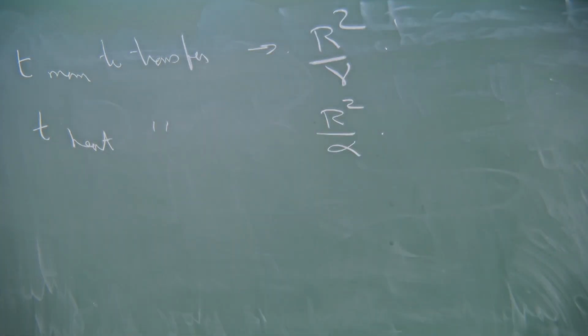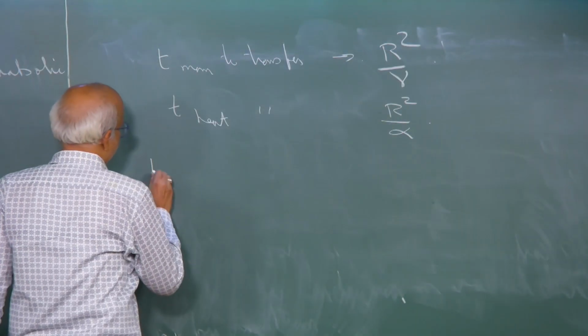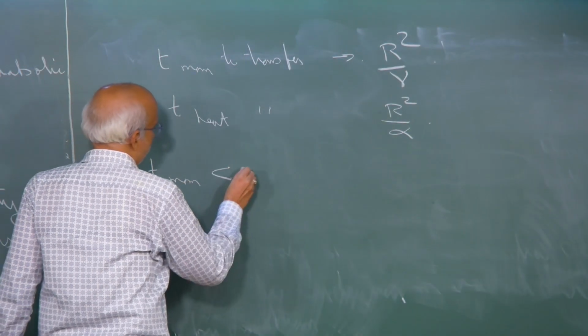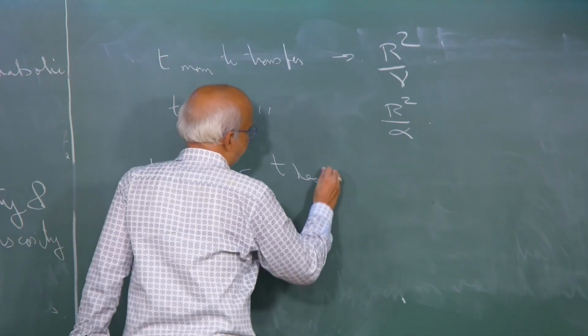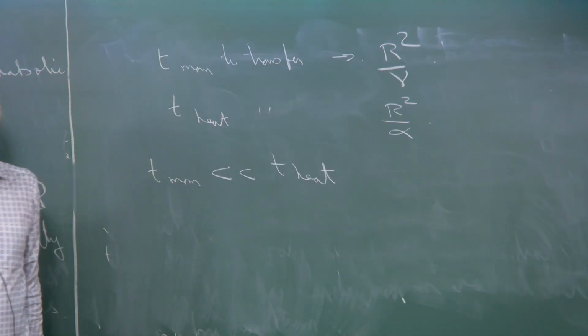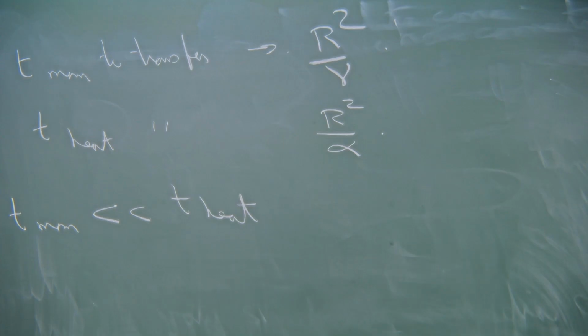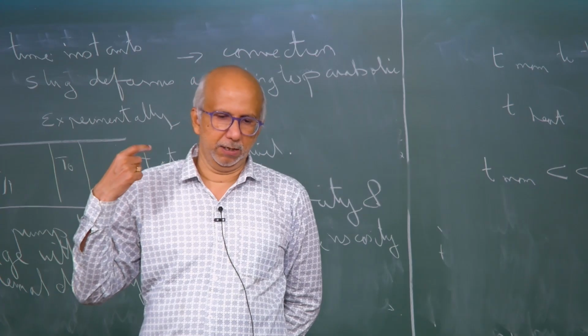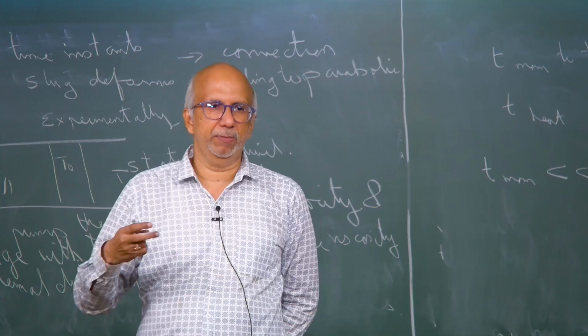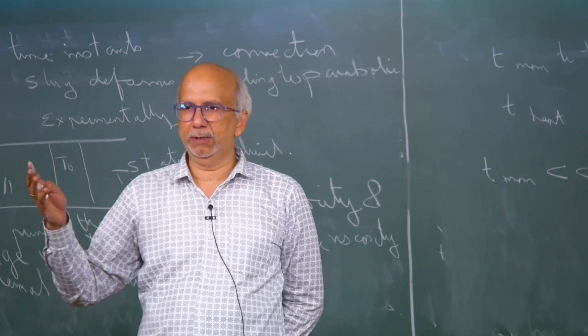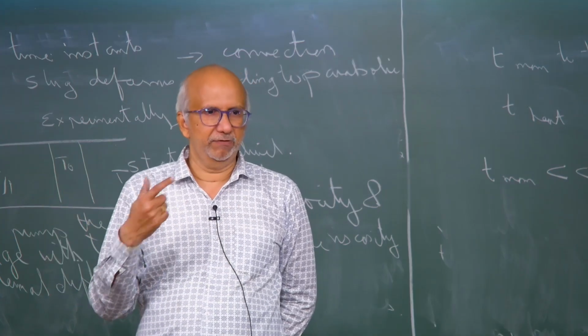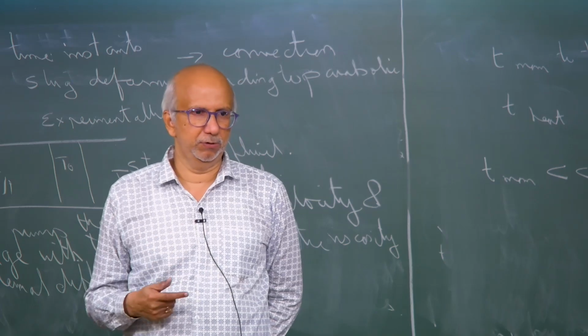So, what am I saying? Nu is much higher, no? So, nu is higher means t for momentum is much lower than t for heat. So, momentum transfer is very fast. So, I will quickly get my fully developed velocity field, my parabolic profile, and it will take longer for my heat transfer to take place, and that is one way to understand how I can possibly do this experimentally.